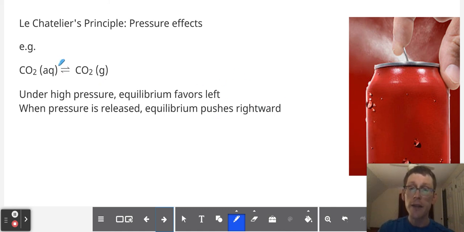So what we find is that under high pressure, the equilibrium really tends more towards the left side. But once you lower the pressure, then it's going to shift massively to the right, which is why we get bubbling of carbon dioxide gas out of a can of soda once you've released the pressure. And that has to do with the fact that once you release the pressure, the equilibrium will be favoring the side with more molecules of gas, or at least it'll push more in that direction.